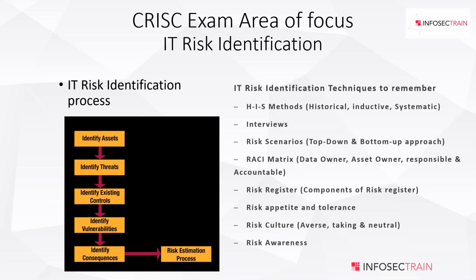So we have to identify assets, we will identify respective threats, existing controls, existing vulnerabilities, and consequences. So what will happen if identified threats exploit identified vulnerabilities, and what would be the consequences in the circumstances of the current control environment or current control structure? What would be the impact?